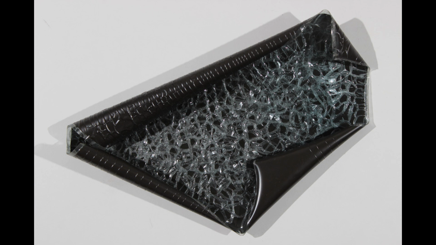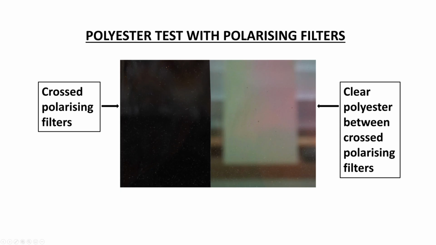And as polyester tends to have been used after the problematic era of cellulose acetate, there's usually less need to identify it. However, to identify it, there is a test using polarizing filters.